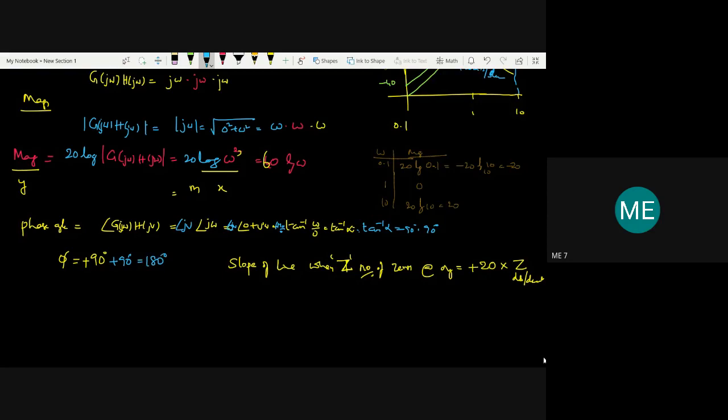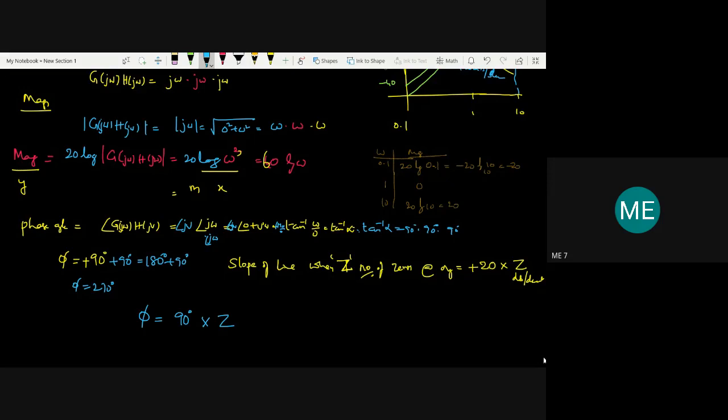which is equal to 180 degrees. Similarly, if you have 3, that is angle of j omega, which is equal to 90 degrees, so all the three numerator angles will be added. That is 180 plus 90 degrees, so totally it will become 270 degrees. It means the phase angle for the number of zeros at origin, if there is one zero at origin, is plus 90 degrees.